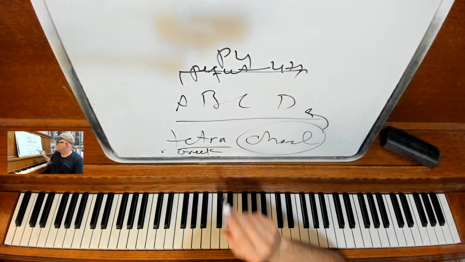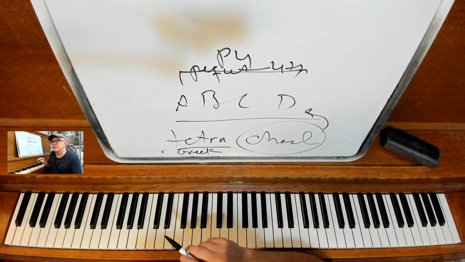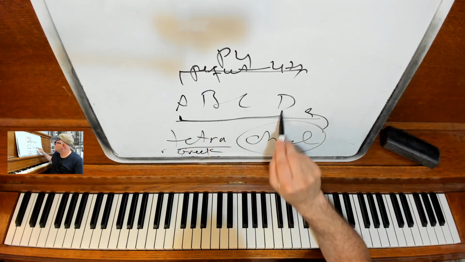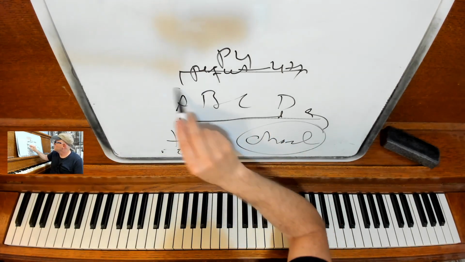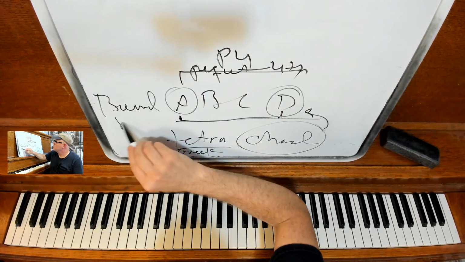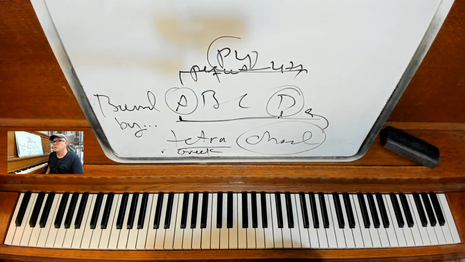Now, that is typically what we associate a tetrachord with. The lowest note and the highest note are bound by the perfect fourth.